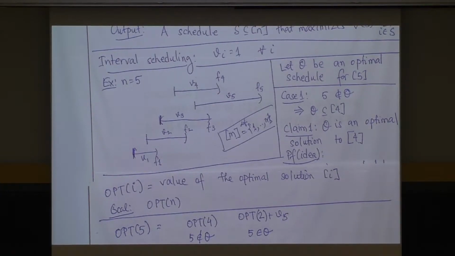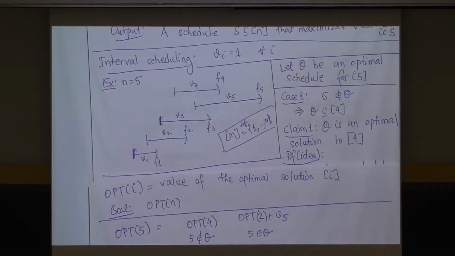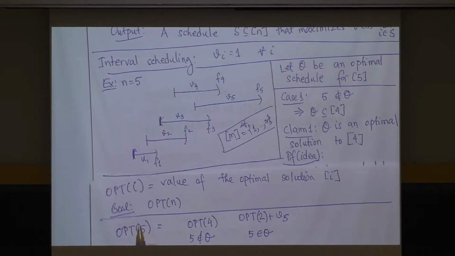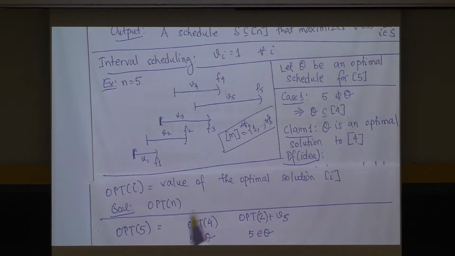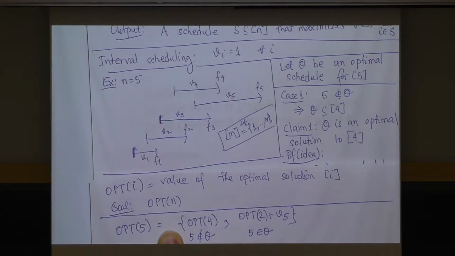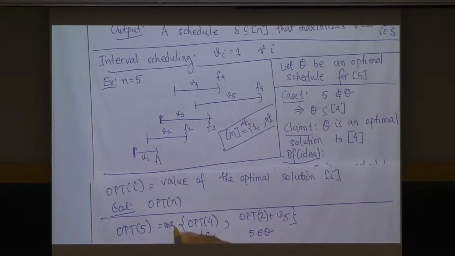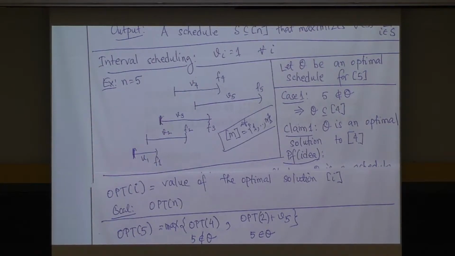And the important point to note is that either 5 is in the optimal solution or not. So if I were to combine these two into one equality for opt of 5, using one operator here, what should I put in here? Max, right? You want the largest value. These are the only two possibilities, so the overall optimal would be the max. Okay, so here's the recursive formula for the first step.